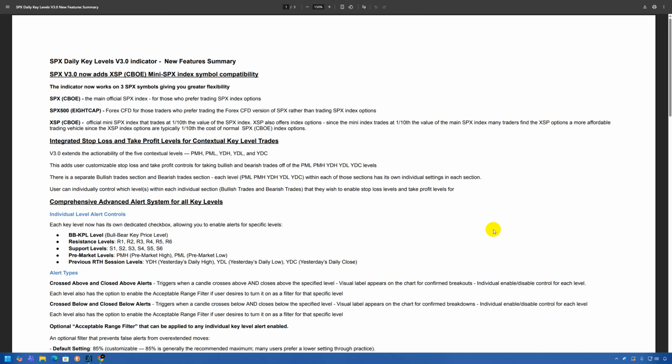Now we've added compatibility for XSP CBOE, the official mini SPX index that trades at 1/10 the value of the main SPX index.